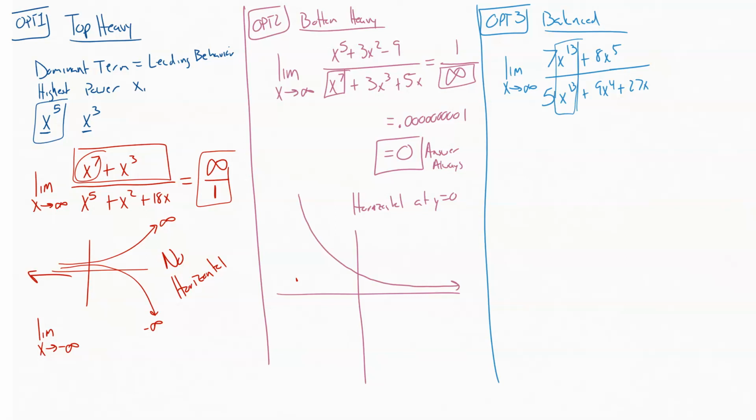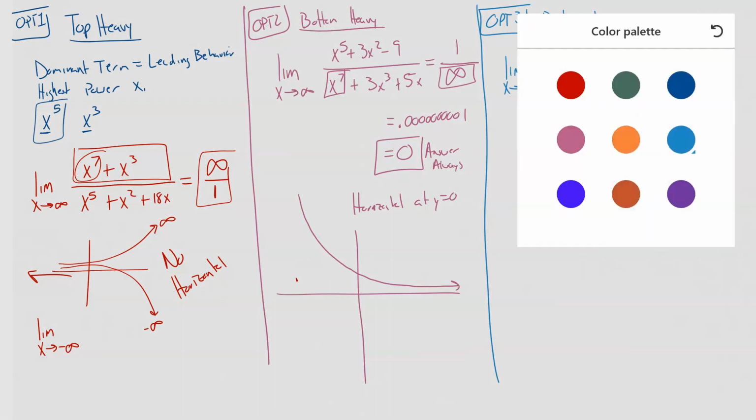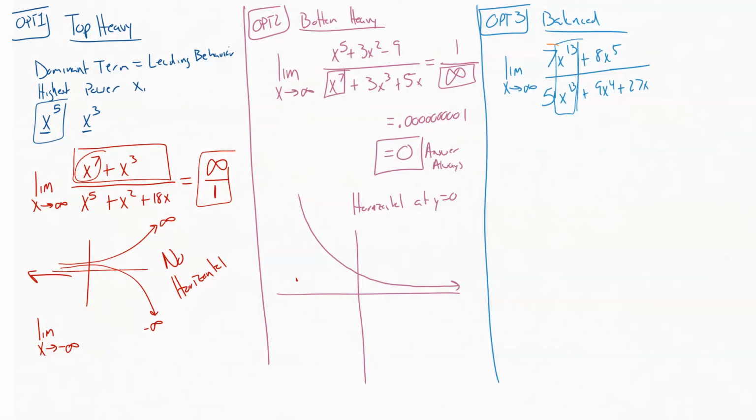So on top and bottom, this thing is growing at the same rate right now. The only difference, though, is the top one I'm always going to multiply by a 7, and the bottom one I'm always going to multiply by a 5. So I know that the coefficients of those dominant terms are always going to be my answer when I have a balanced situation.